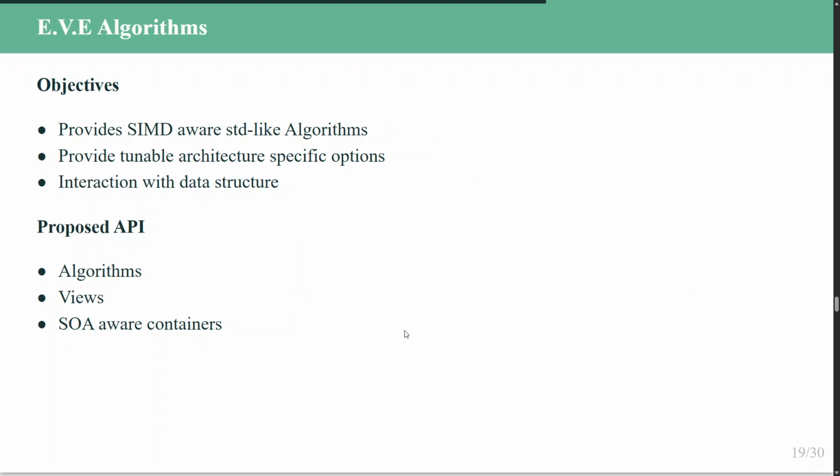So we are going to see a bunch of those, a bunch of algorithms, a bunch of views, and we are going to speak about structure of array and how we are in Eve very committed to this model of programming. But before going into the deep end of that, just try to see why we want to do this.